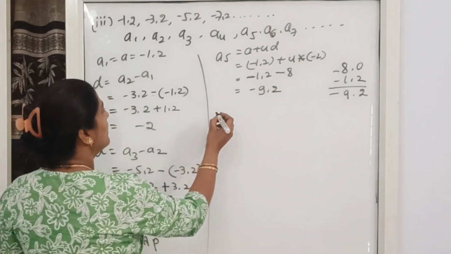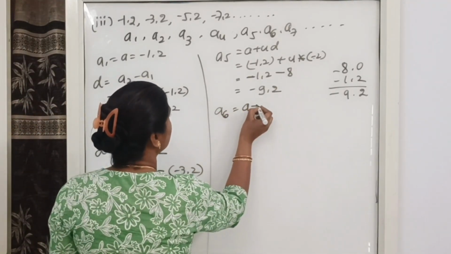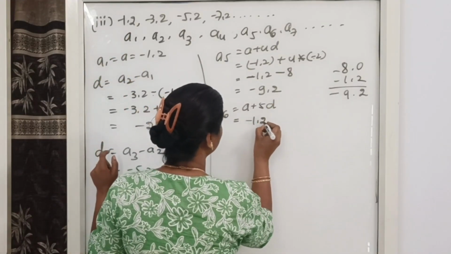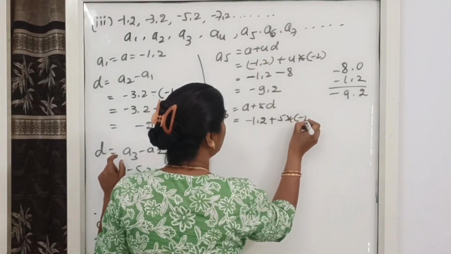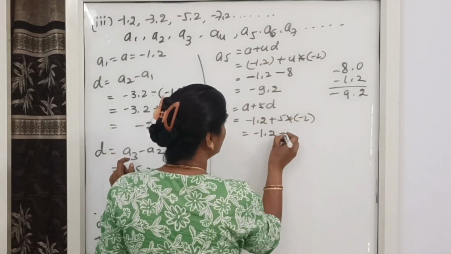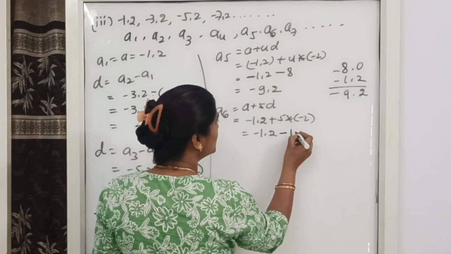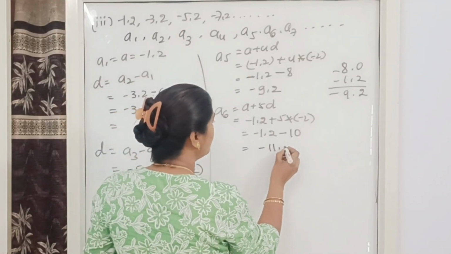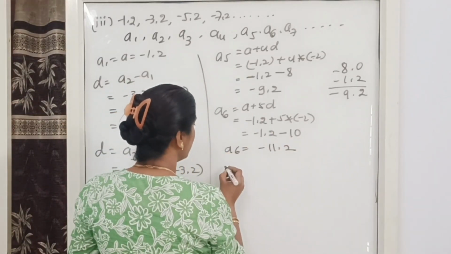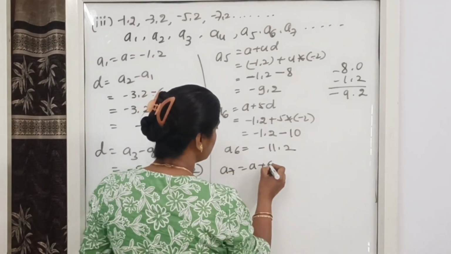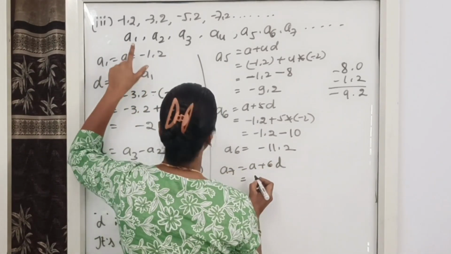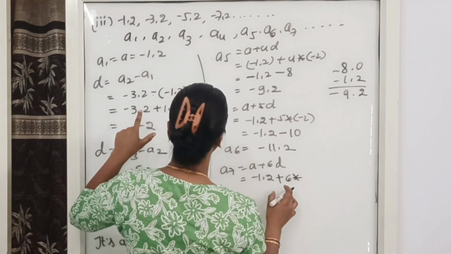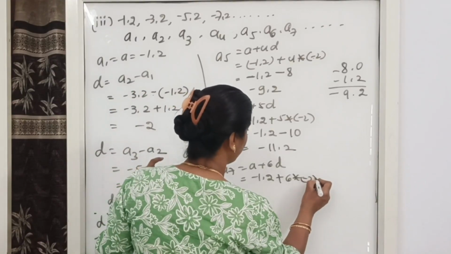And the next one is A6, that is A plus 5D. A is minus 1 by 2 and D is minus 2. Minus 1 by 2 plus into minus, minus 5 2s are 10. Both are negative, isn't it? 10 plus 1 is 11, minus 11 by 2, that is A6. Next is A7, A plus 6D. A is minus 1 by 2 and 6 into D is minus 2.